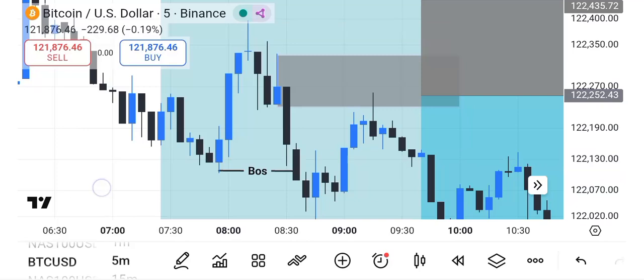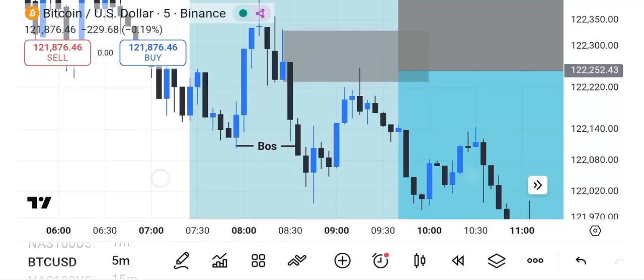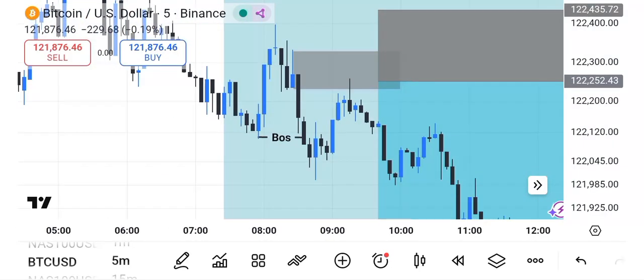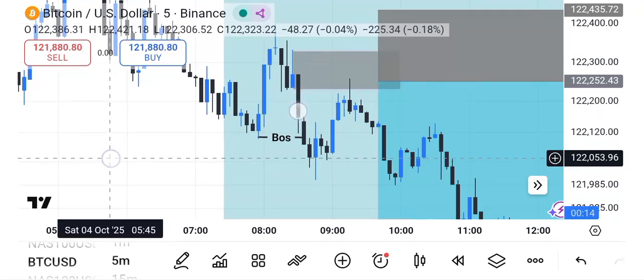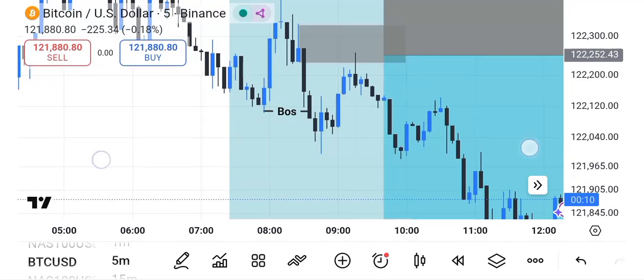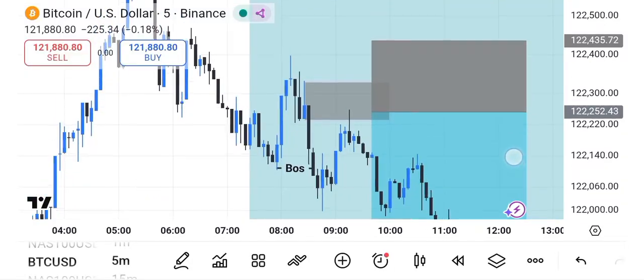What makes the order block valid is that a break of structure must occur, and then an FVG. There's this long candle here, this is our FVG, our fair value gap, and then price broke structure. So you have everything to make this valid.